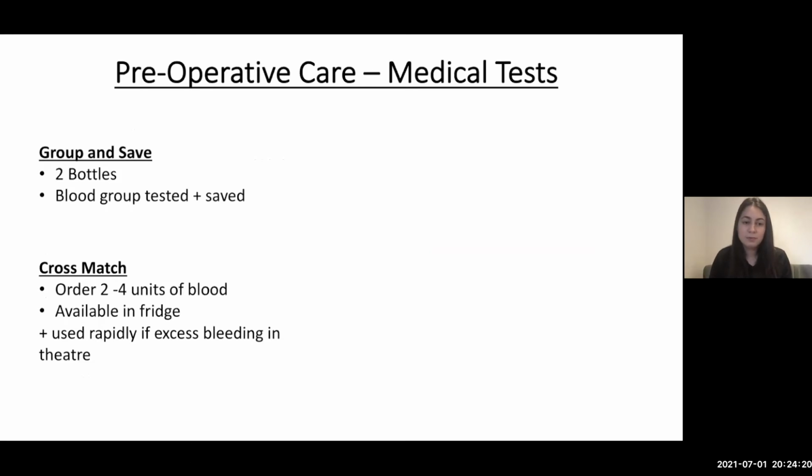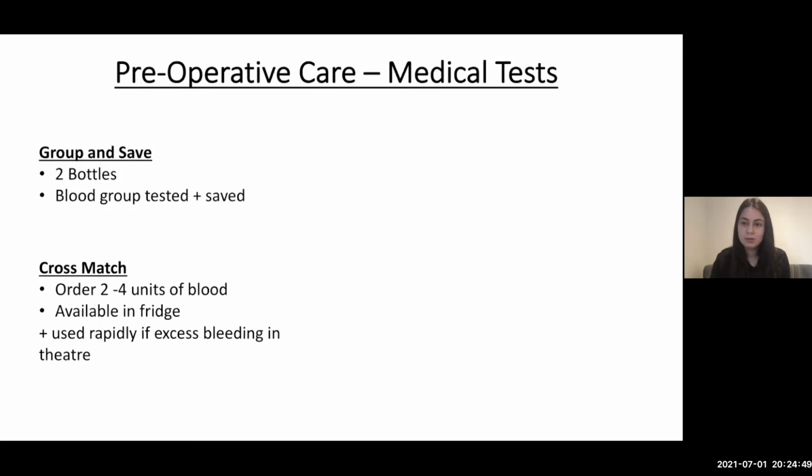The difference with cross-match is we're actually asking the lab to test the blood and get some blood ready for us. So if you know someone is B positive, we would ask the lab, can you get ready 2 units of B positive in the fridge in case we need it during surgery? And that would be there if there's too much bleeding intraoperatively.